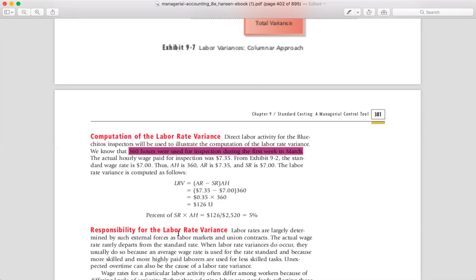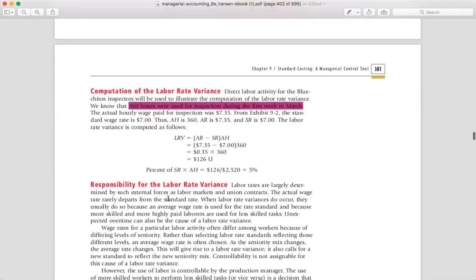Okay. So who's responsible? Labor rates are largely determined by external forces, so the actual wage rarely departs from the standard rate. When a labor rate variance occurs, they usually do so because an average rate is used for the rate standard. Okay, because more skilled, more highly paid labor was used for a less skilled task.